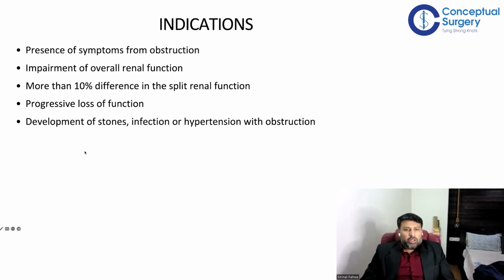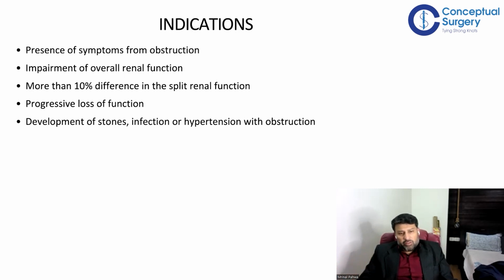When we come to indications for surgery on the pelvic ureteric junction, first and foremost, if the symptoms the patient is having can be easily ascribed to PUJ obstruction, that becomes an indication for surgery. Secondly, impairment of overall renal function, documented as more than 10% difference in the relative split renal function between the two kidneys.